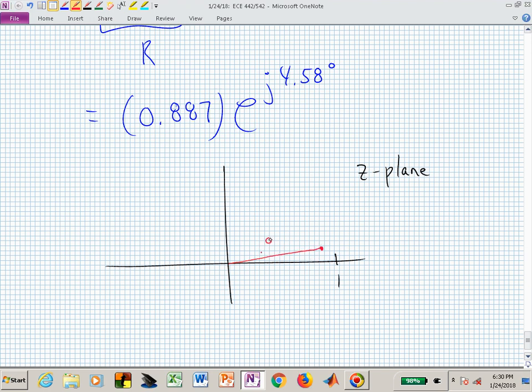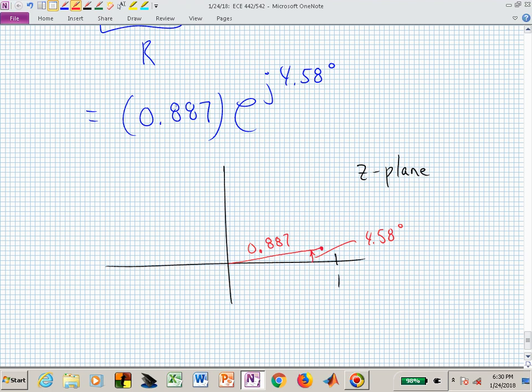This distance is 0.887, and this angle is 4.58 degrees. Question? Yes, the question was, do we have to use exponential notation?